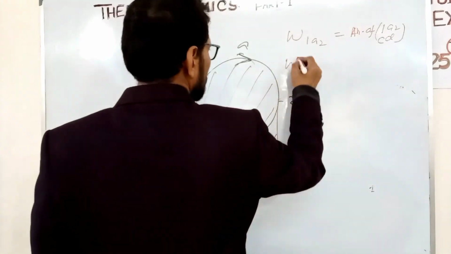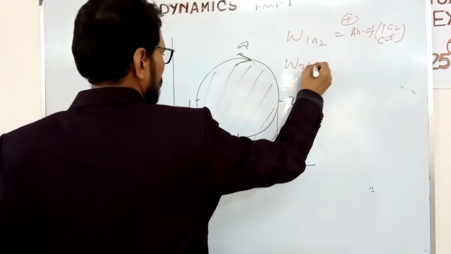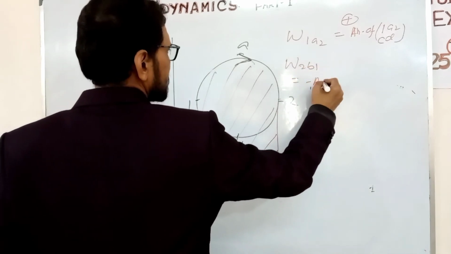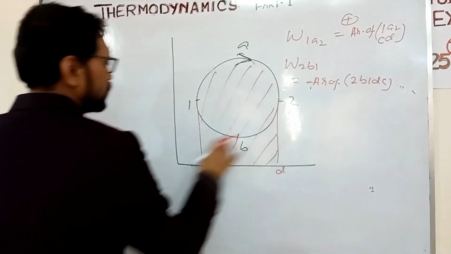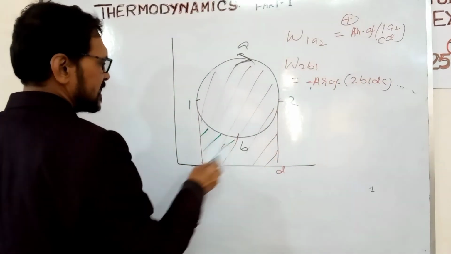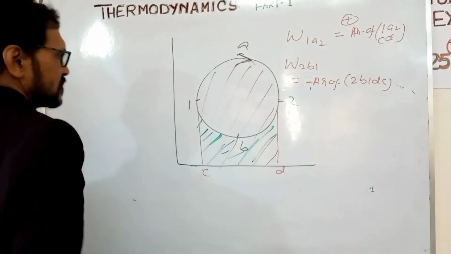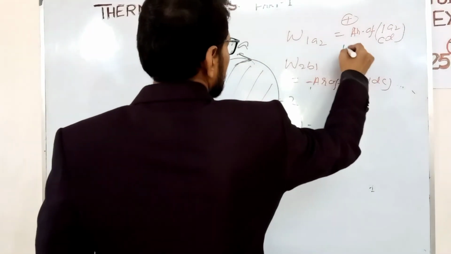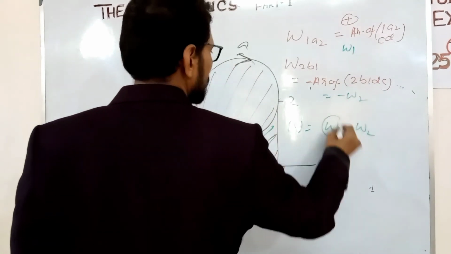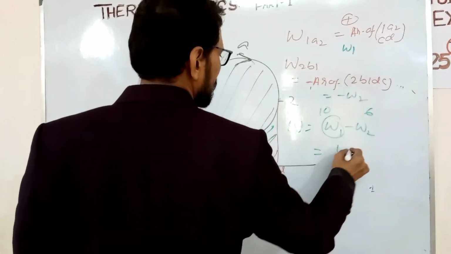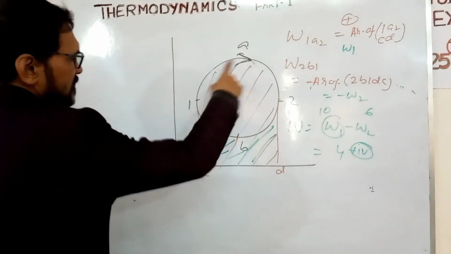For 2B1, this is minus the area of 2B1DC, and this area is less than this area. So net work done equals W1 minus W2. As this is more, suppose this is 10 and this is 6, so this is 4, that is positive. So work done is positive for the clockwise direction.